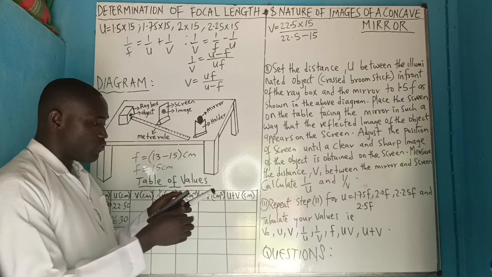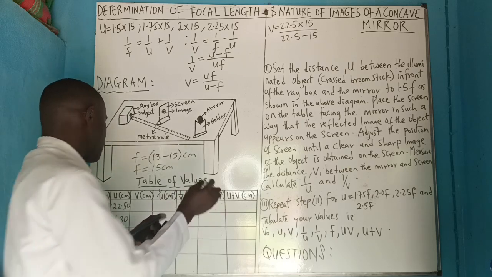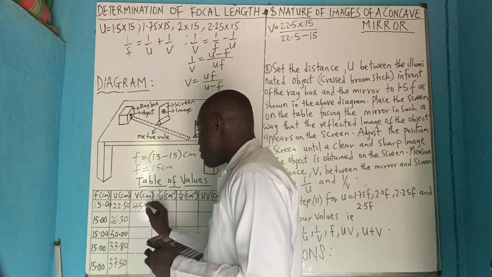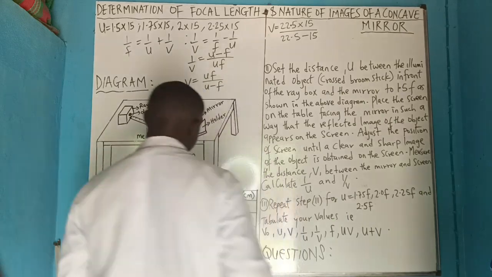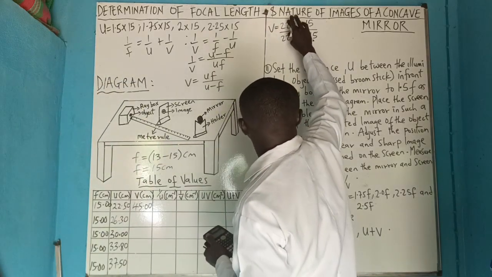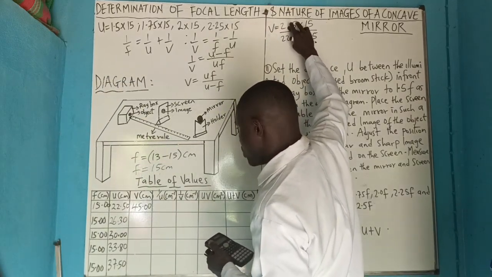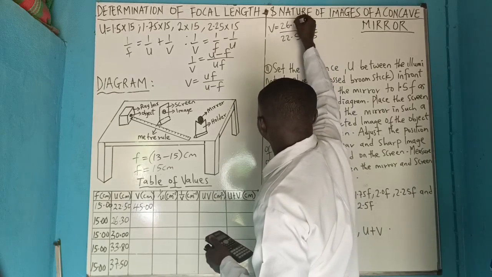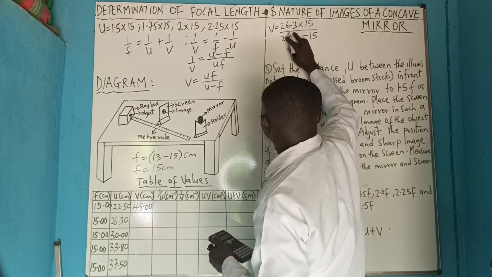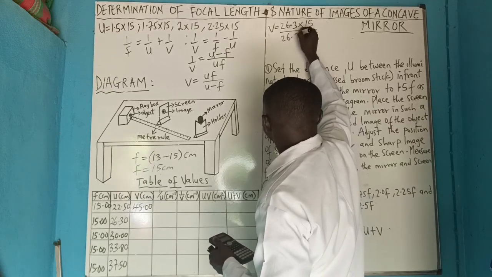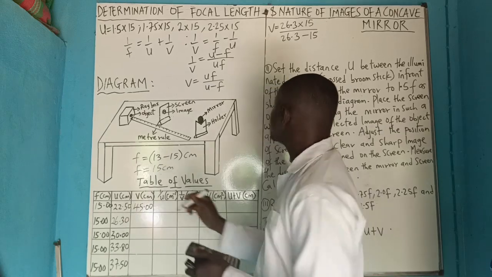That will be giving you 45 cm. We write it here, 45.00 cm. Then we change this 22.5 to 26 point what? 3. We change it to 26.3 because the U now changes.